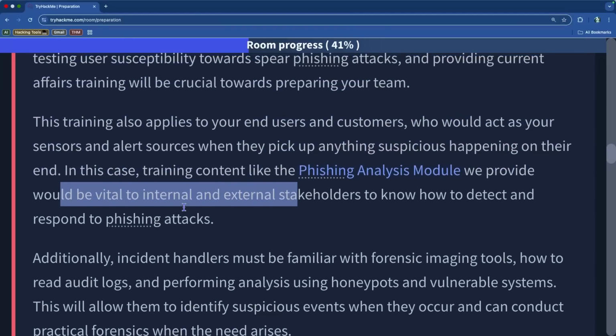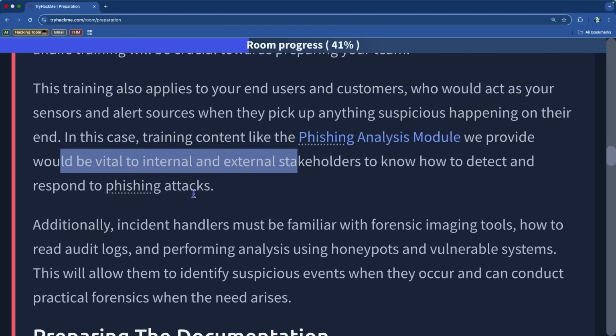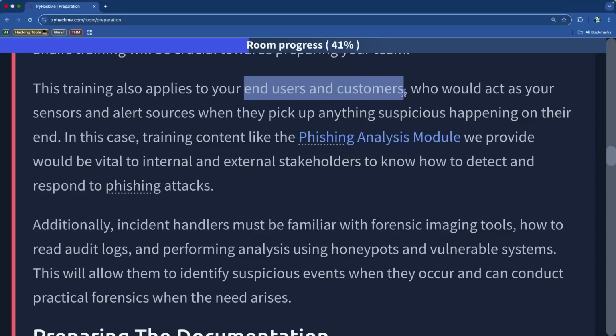So before we move on to documentation, one of the key pieces right here is the end user and customer training. Part of your end users are the customers themselves, obviously the clients and everything, because they're using your services and maybe even your systems. But the end users are also the brand new employees that come in that are, for lack of a better phrase, just one of the cogs in the system.